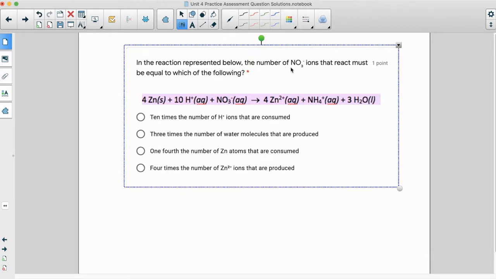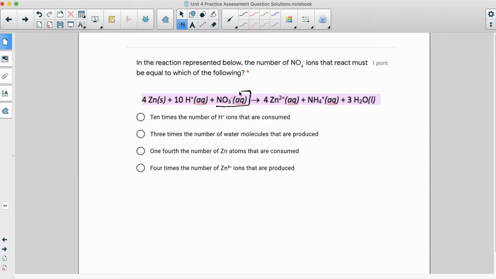Next question, it asks the number of NO3 ions that react has to be equal to which of the following. So if we take a look at the NO3 right here, it is not true that it is 10 times the H+. It's actually 1/10.